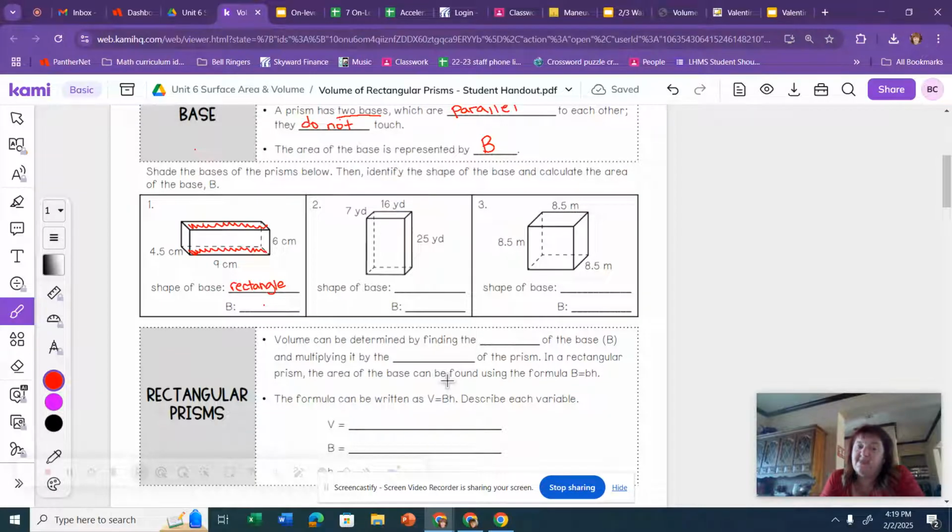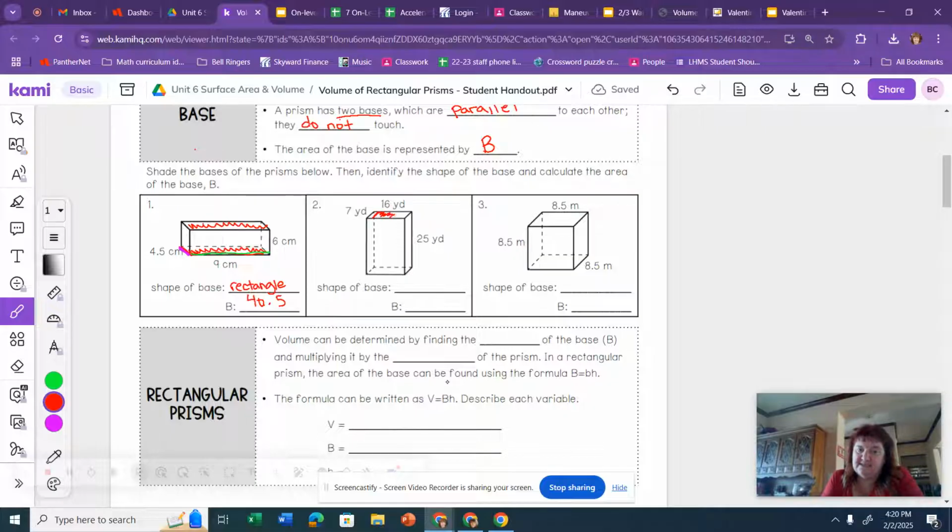The big B, the area of the base, would be 4.5 times 9. Okay? And so that would give me the area of the base is 40.5.